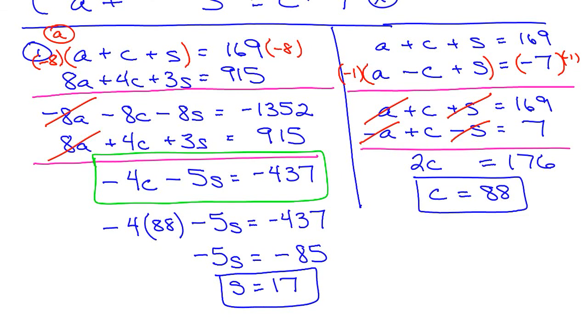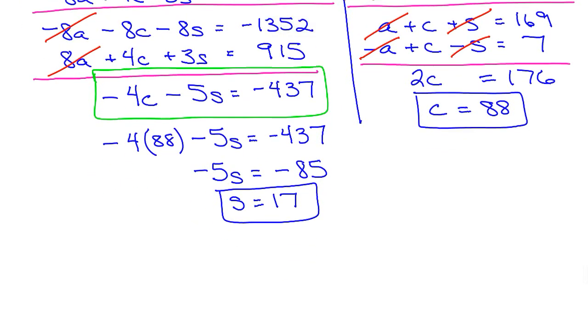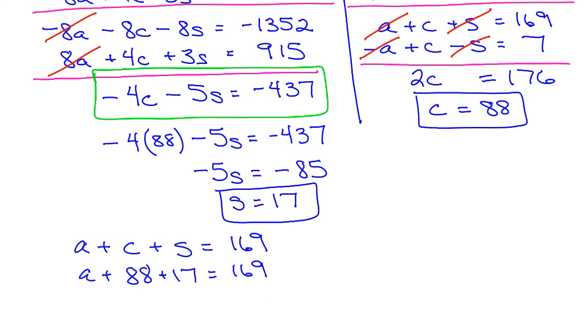So the number of seniors was 17. And then finally, to solve for A, I can plug it into any of the equations. I prefer to plug it into the one about tickets. So A plus C plus S is equal to 169. So A plus 88 plus 17 is equal to 169, which means A is equal to 64.